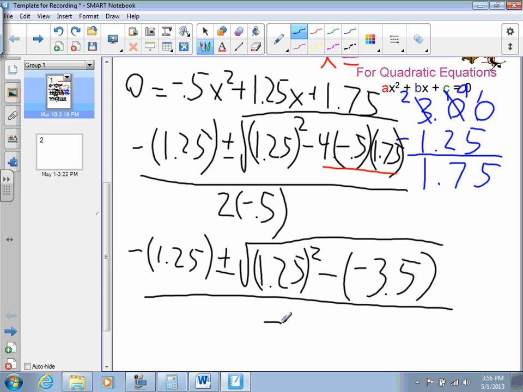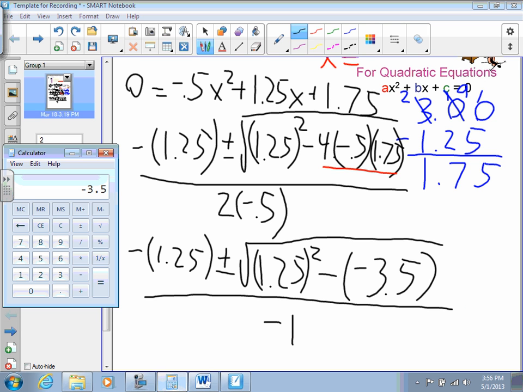So on the bottom we've got negative 1. Let me show you on the calculator. 2 times 5, make that negative, equals negative 1.